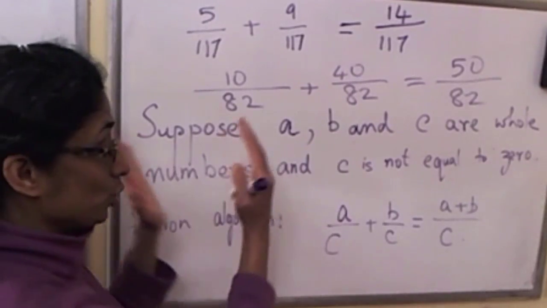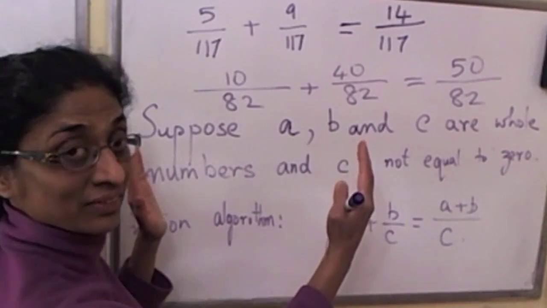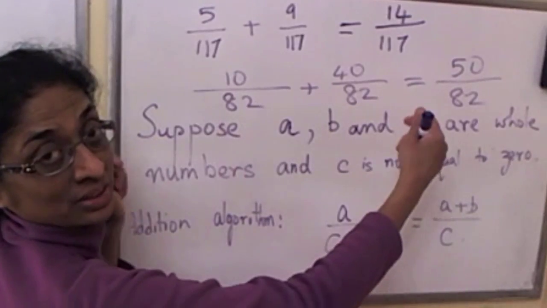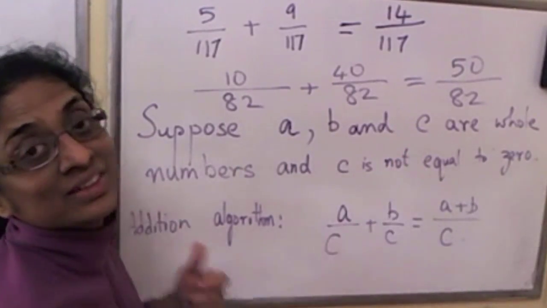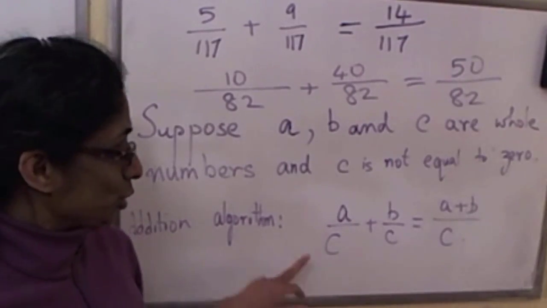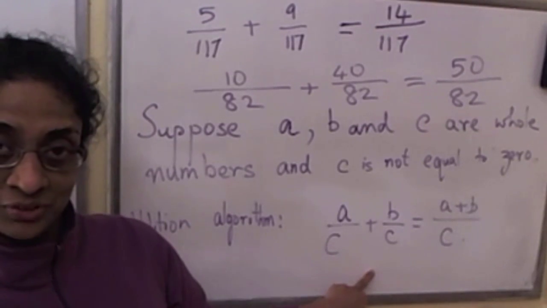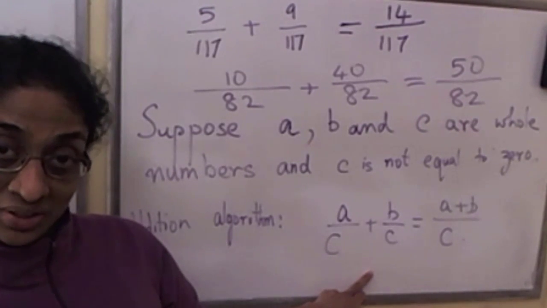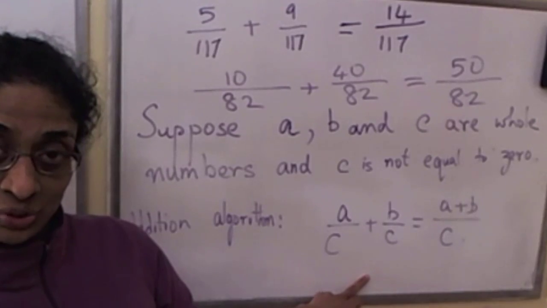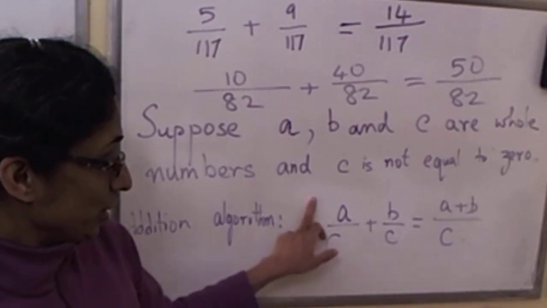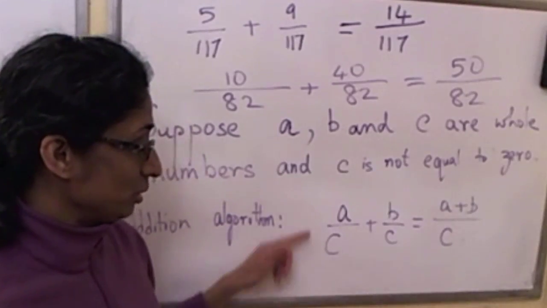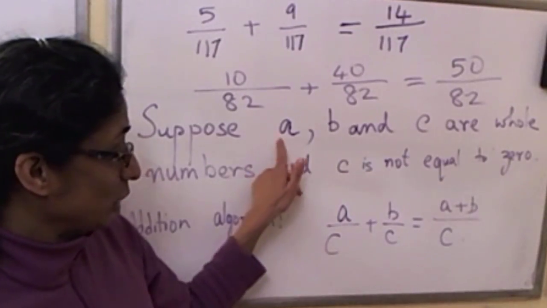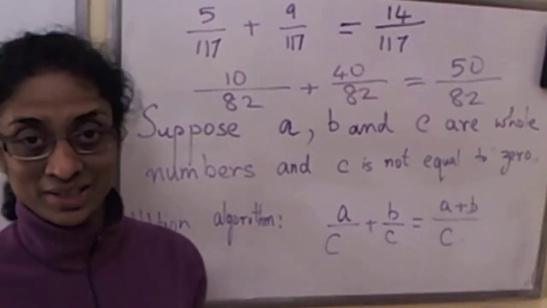When we put together two short segments, then the addition is really the length of the long segment. That's the simple idea we used to come up with this addition algorithm. So make sure you understand the examples we did, and then make sure you can remember this addition algorithm with letters in it, and also remember what those letters stand for.